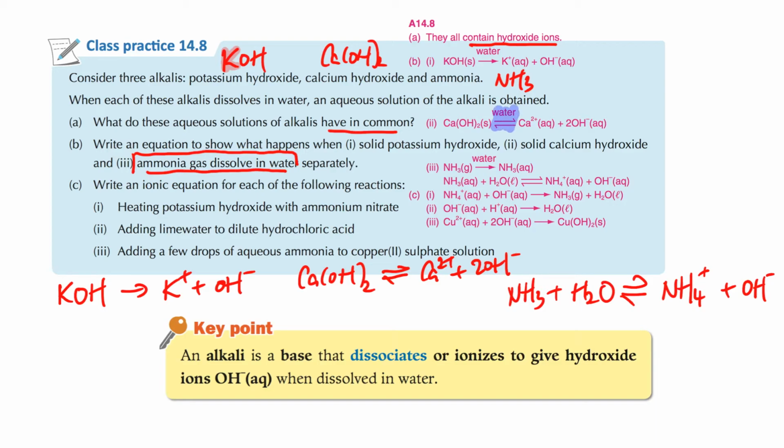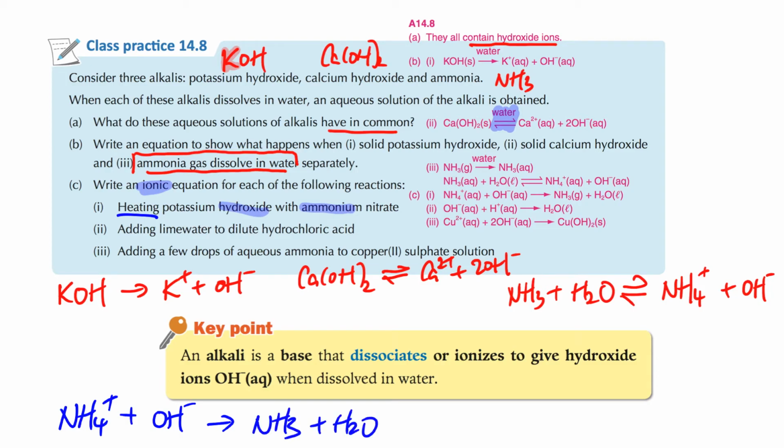Next, write the ionic equation for the reaction between potassium hydroxide and ammonium nitrate. So you have the ammonium ion with the hydroxide ion. For this one, we'll have NH4 plus for the ammonium nitrate and hydroxide ion, because we're heating, so therefore you give NH3 and H2O.